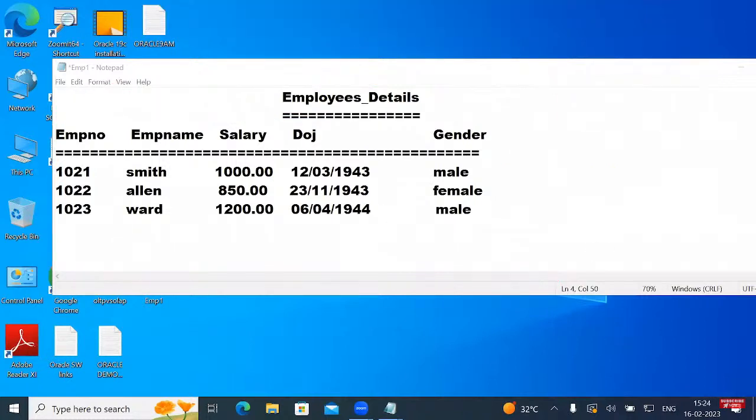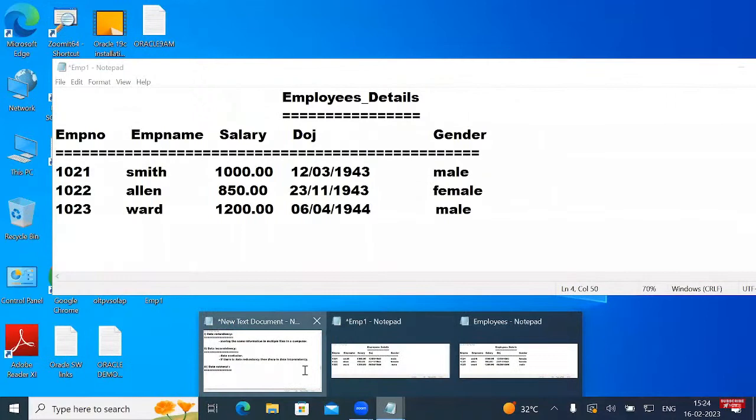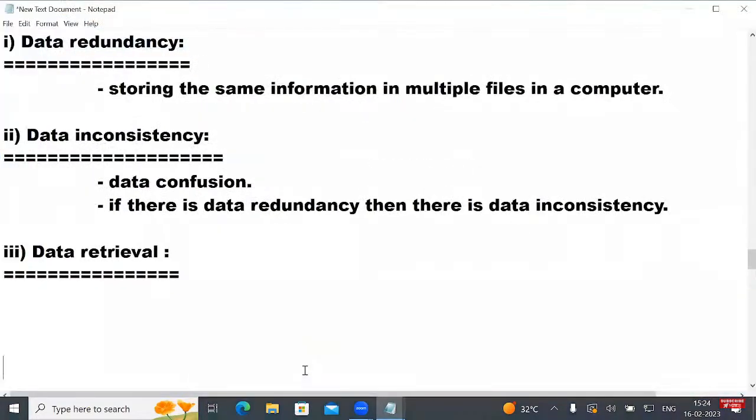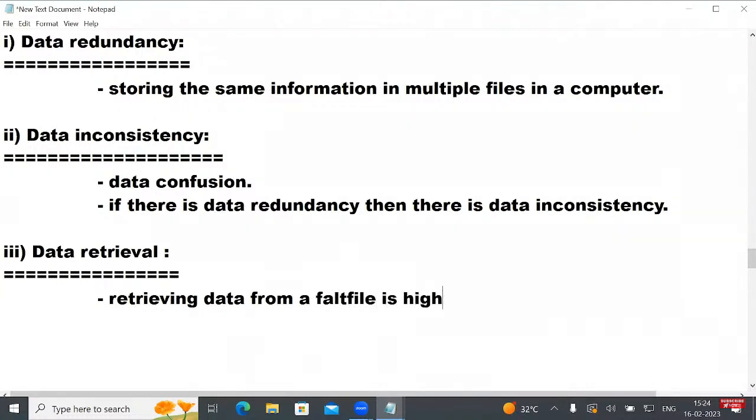One more problem in the flat file, and this problem we can overcome by using databases. Write down below. So retrieving data from a flat file is highly complex.